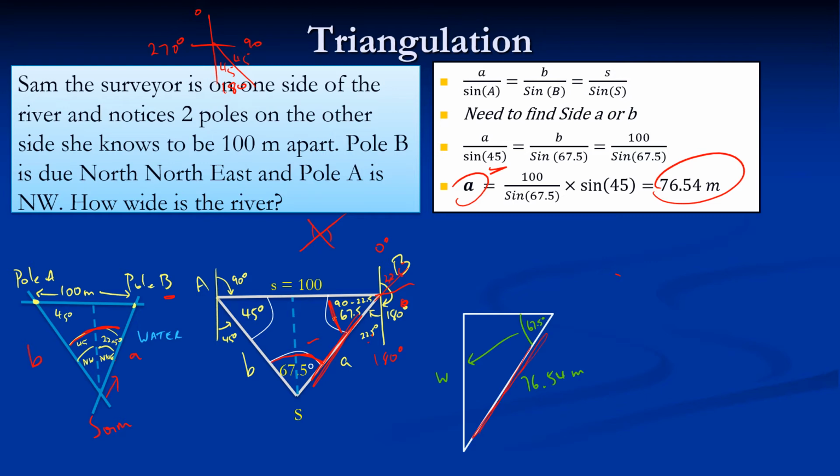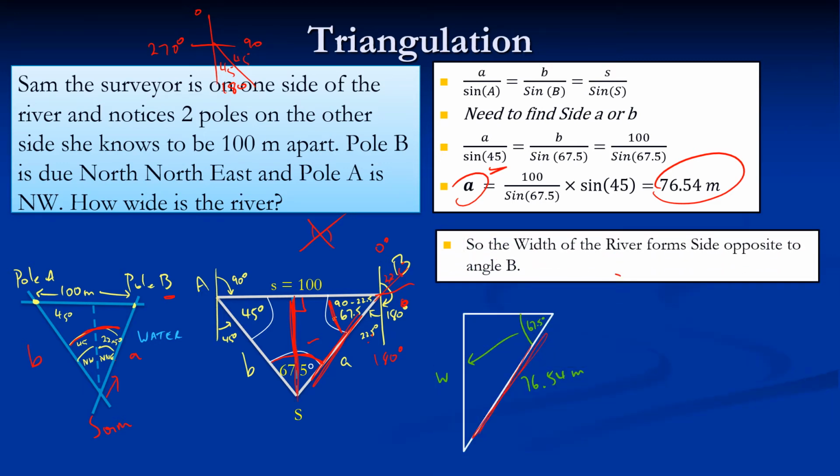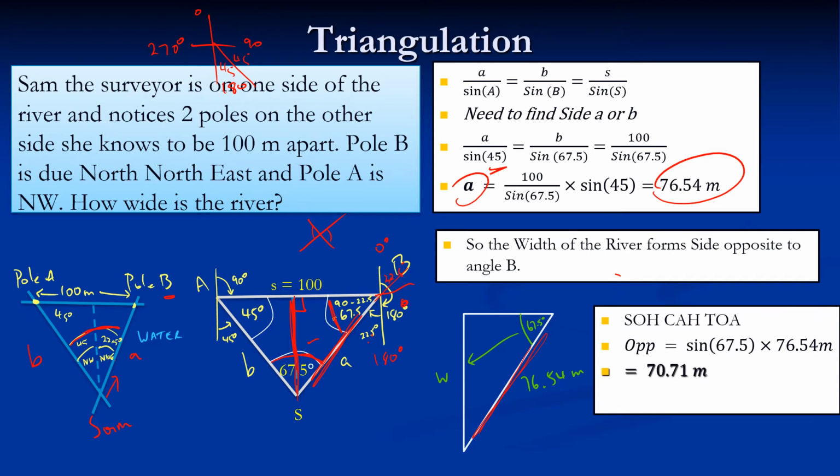So this is nearly there. What we need to think about now is the width is going to be part of the right angle. So we're looking up and down here from Sam to the other side of the river. So the width of the river forms a side opposite to angle B. It's at right angles. Okay, so just think SOH CAH TOA. Now this is an opposite side. That's a hypotenuse.